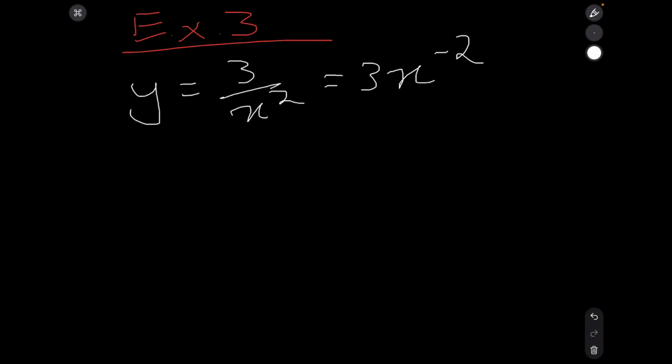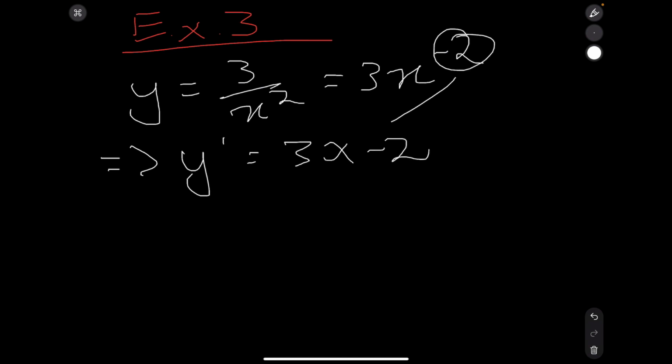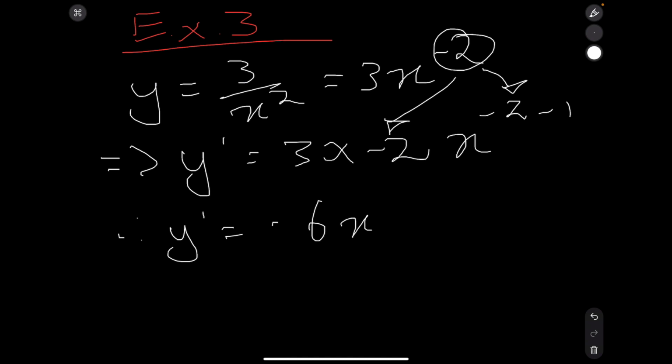From that, the first derivative would be equal to 3 times negative 2, taking down the negative 2 at the front of the function, times x to the negative 2 take 1, minus 1 from the exponent. So the first derivative will be equal to negative 6x to the negative 3, which is further equal to negative 6 over x cubed.